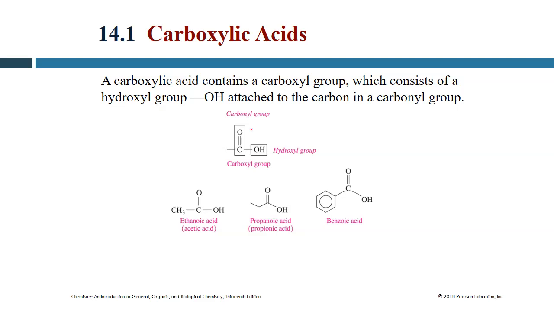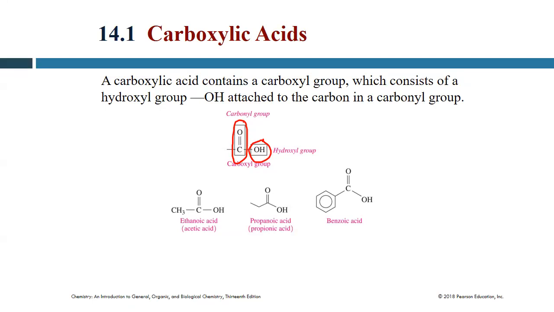Well, what is an acid? An acid is a combination of 2 things. We've got the carbonyl group, the C double bonded to the O, and we've got the hydroxyl group, the OH, and they're all on the same carbon.